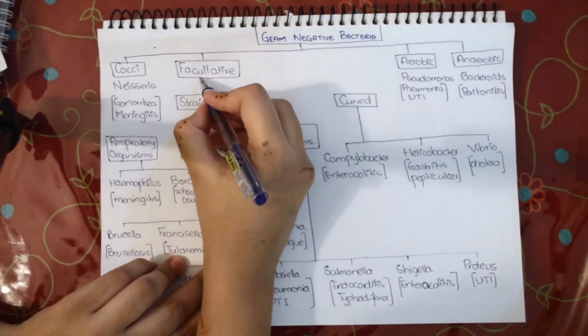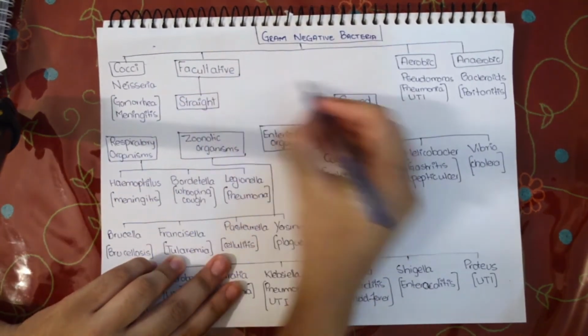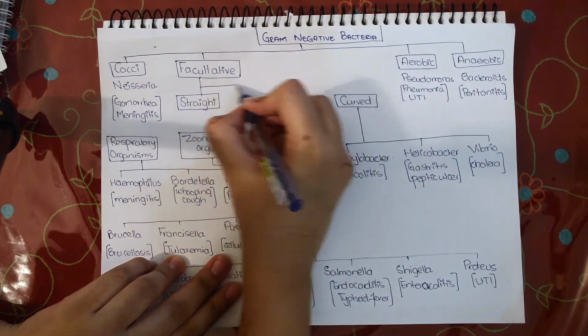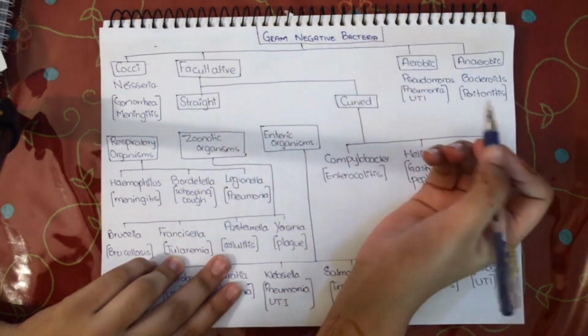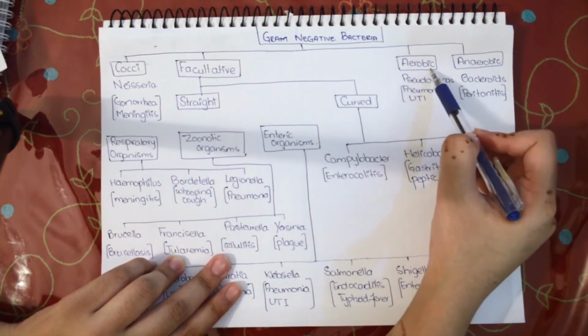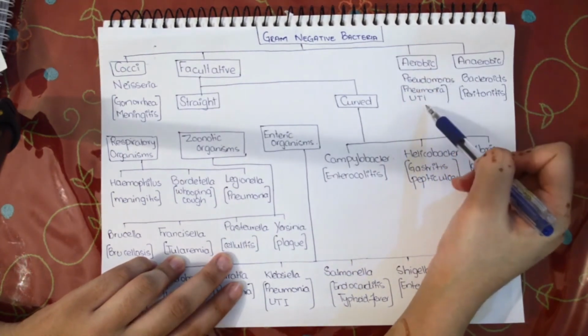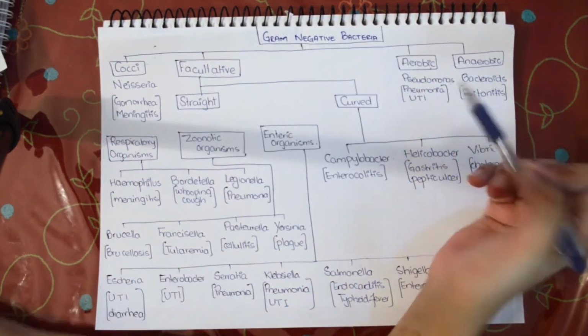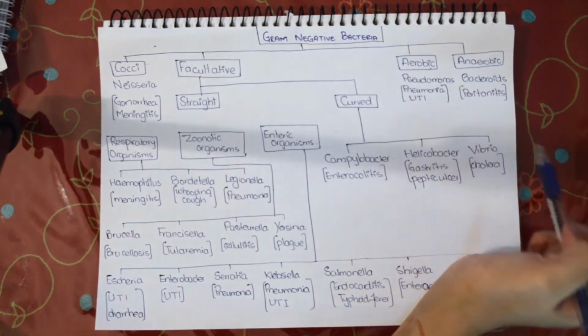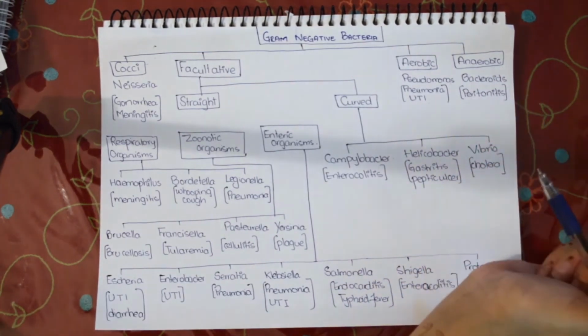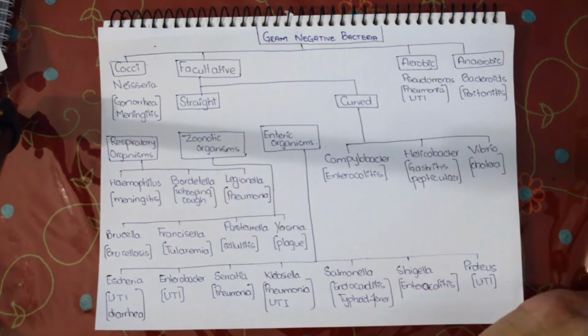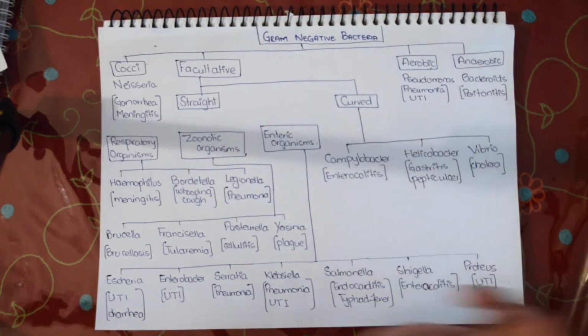Then we have the facultative, which can further be divided into straight and curved bacteria. Then we have aerobic, which has Pseudomonas and it causes pneumonia and UTI. Then we have anaerobic, which is bacteroides, and these cause peritonitis.